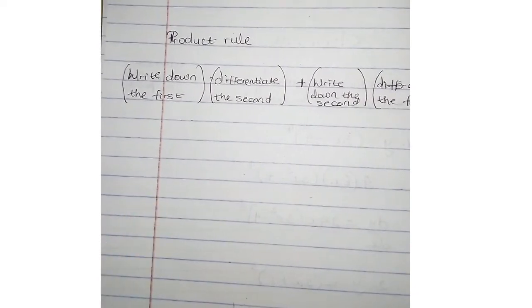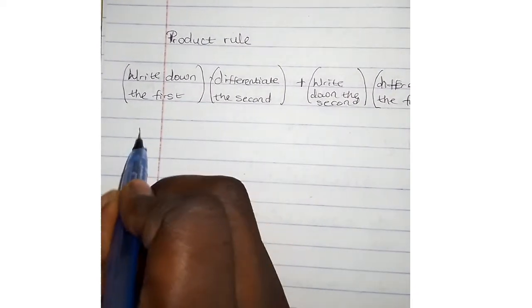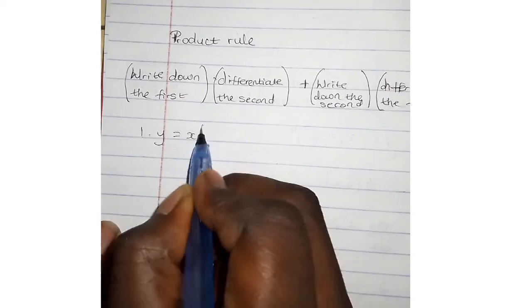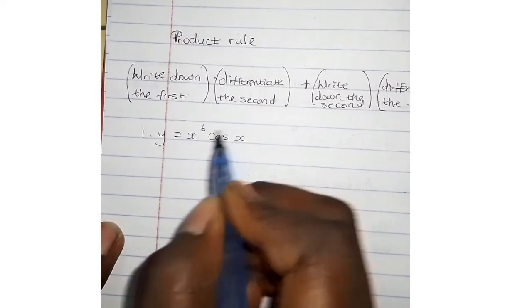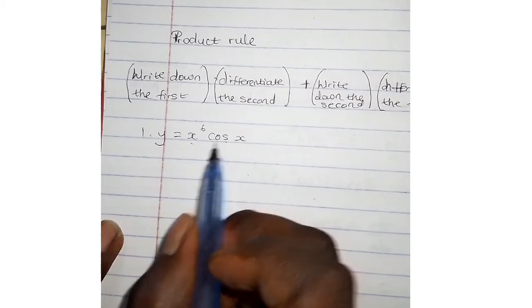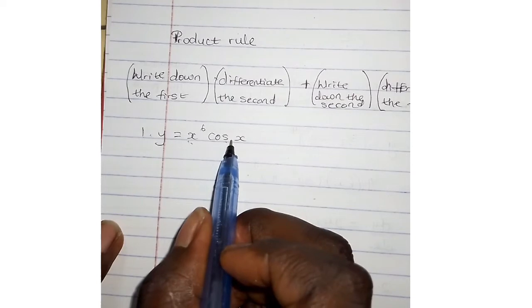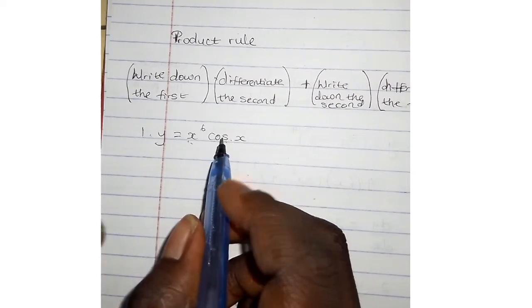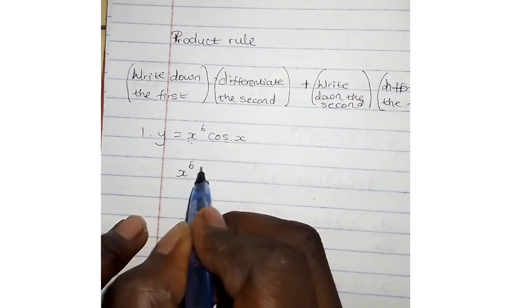I'm going to take an example given a function which says y is equal to x to the power 6 cos x. You know, this is a product, so this is multiplying this. This is one function and this is another function. This is going to be the first and this is going to be the second. Writing down the first is x to the power 6, then differentiate the second.